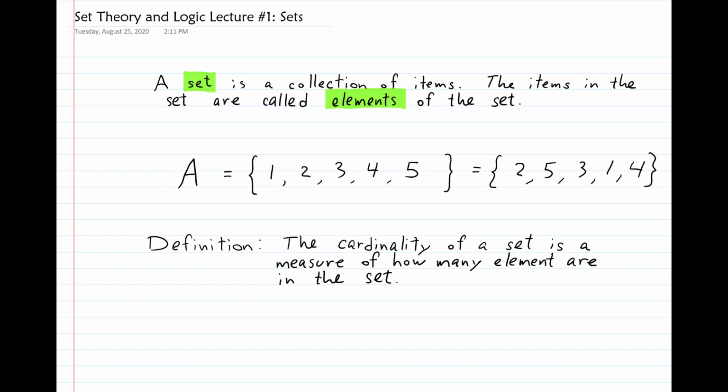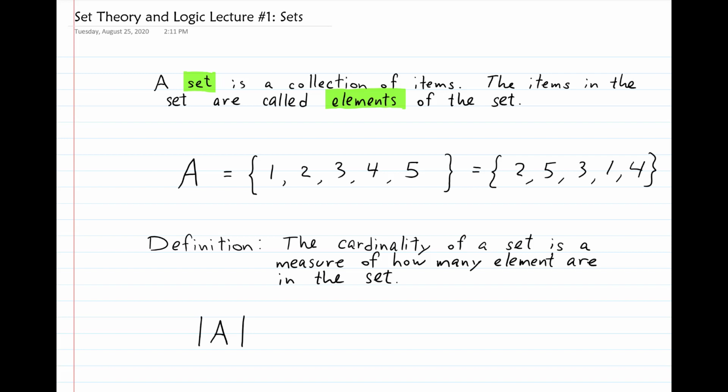Okay? So, here's what we're going to use for cardinality: vertical bars. So I'm going to write this here. Vertical bars with the A in there. That looks like absolute value of A, right? But here's how I know it's not absolute value. Because A is not a number. Absolute value is something that you put around a number.